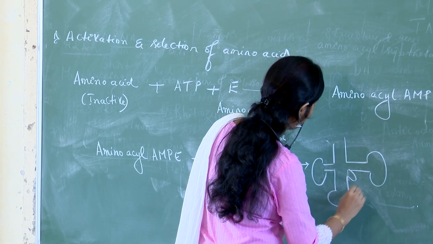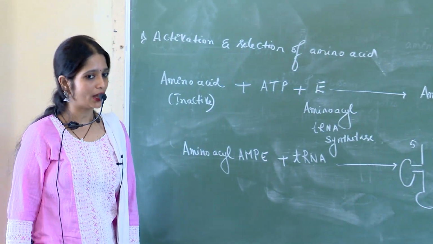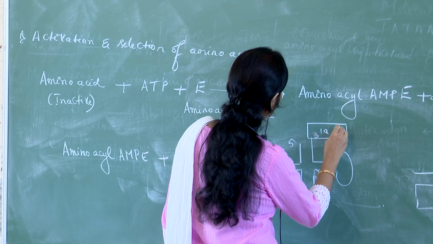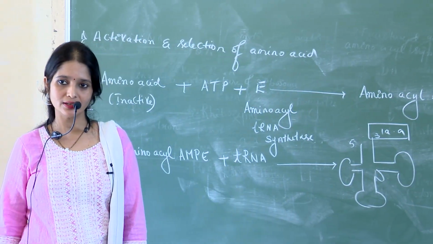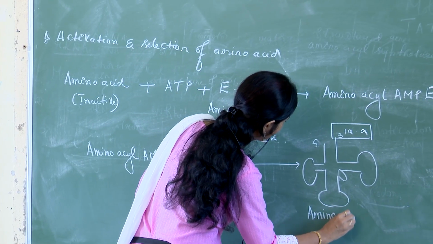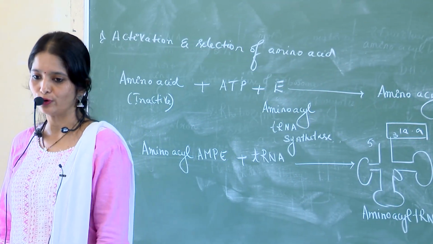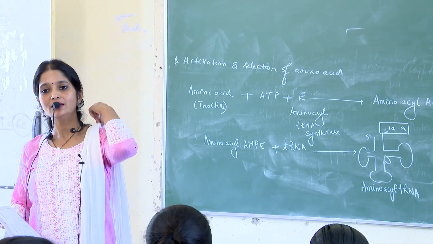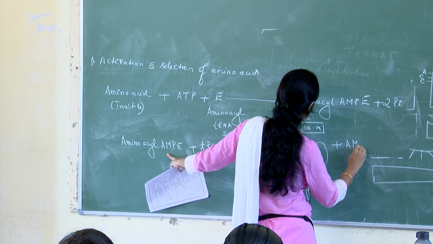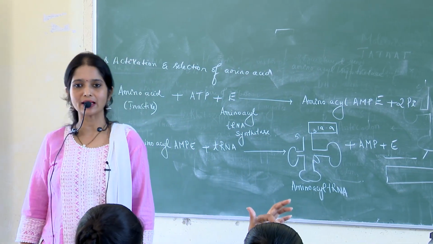We have drawn this tRNA there. This is the 5' end, 3' end. Where does the amino acid bind? To the 3' end. So this activated amino acid came here and bound. Right? And this is known as amino acyl tRNA. And AMP and enzyme are got back.